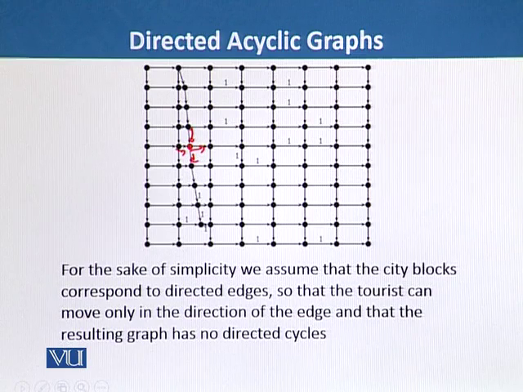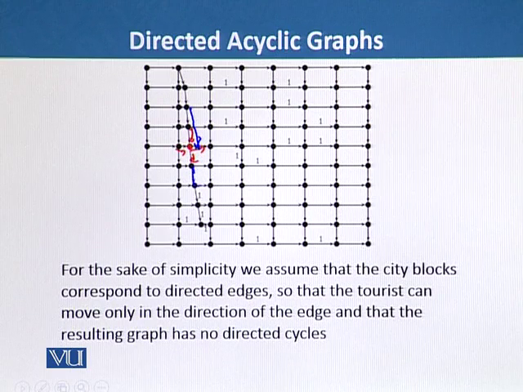So for the sake of simplicity, we assume that the city blocks correspond to directed edges, so that the tourists move only in the direction of the edge, and that the resulting graph has no directed cycles.